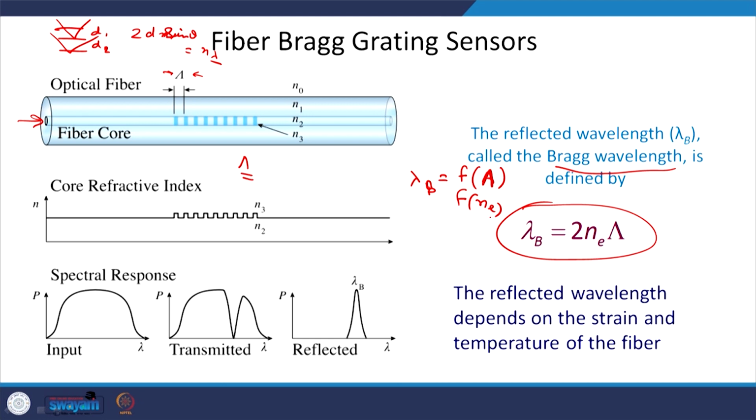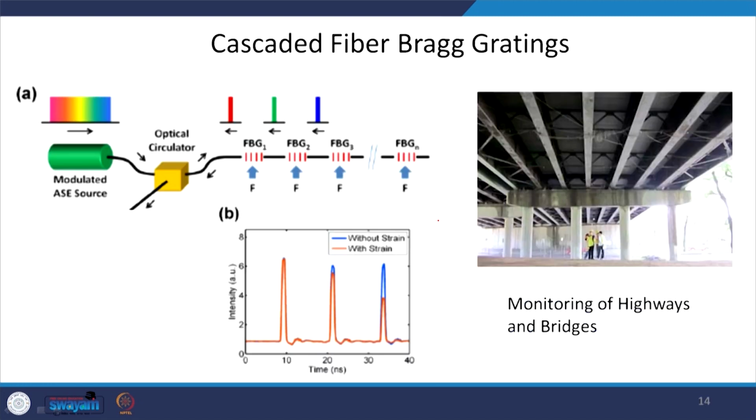So, if you vary this or this, then you can have different lambda b, that is how it works for sensing. Suppose you apply pressure or temperature that leads to change in this grating parameter, then you will have different lambda, that is lambda Bragg wavelength, and that will be for resonance.